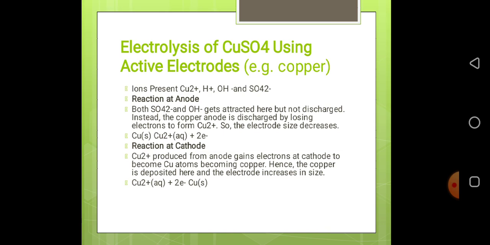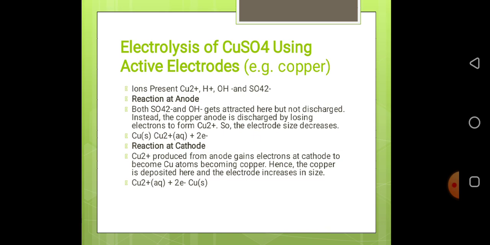At the anode, both SO4 and OH get attracted here, but not discharged. Instead, the copper anode is discharged by losing electrons to form copper 2 ion, so the electrode size decreases.